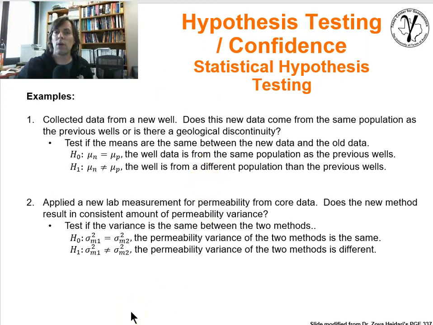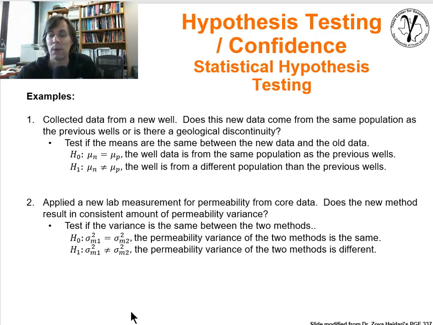Okay, let's show you what the form of a hypothesis test looks like. I'll give you two examples of a hypothesis test and the way it's set up. You collect data from a new well. Does the new data come from the same population as the previous wells, or is there a geologic discontinuity? I always like to say, are you sampling new rock? It's not the same population reservoir that you were dealing with before.